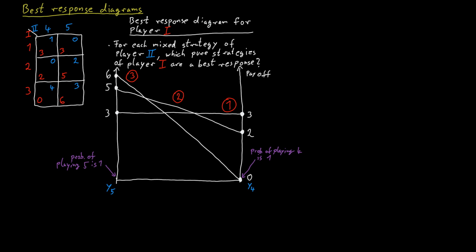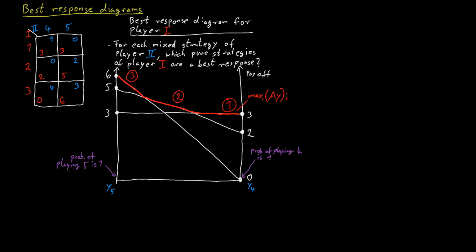But if we want a single function that describes this, we just take the upper envelope of all of those 3 lines. So this is just the maximum over all pure strategies i of the payoff matrix of player 1, which we call A, and multiply it with this vector y, which is the mixed strategy of player 2, and then the ith component of that vector.